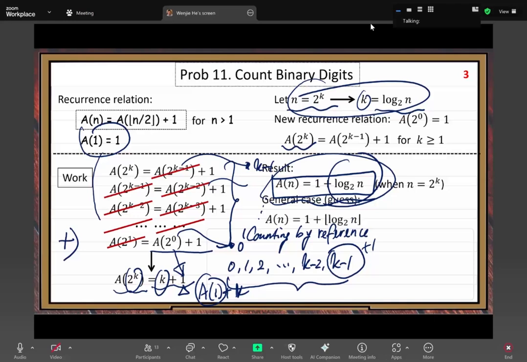Let me connect my remote control. Oh, I need to change my pen color.